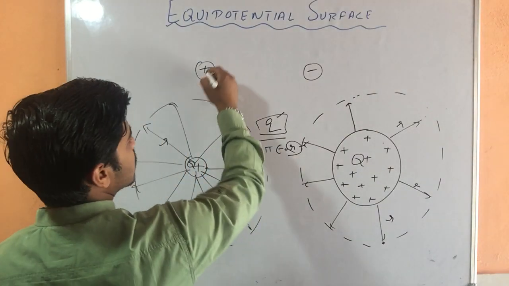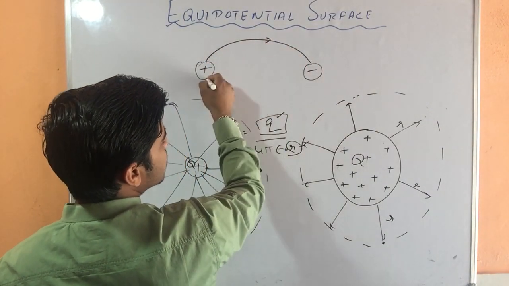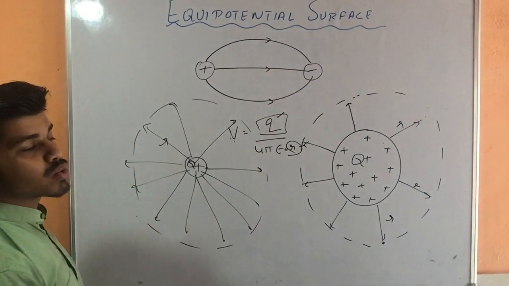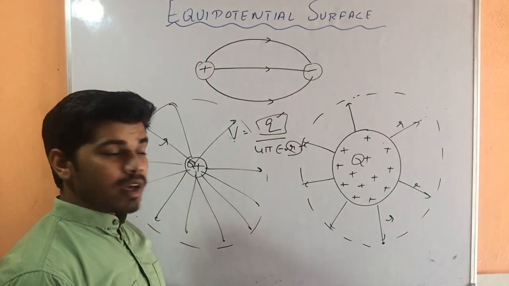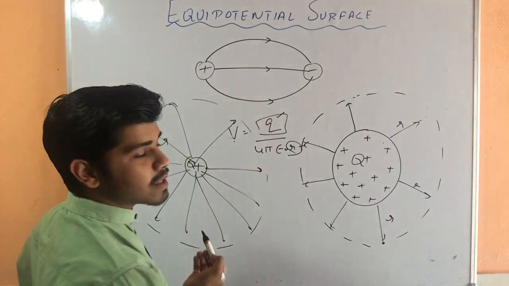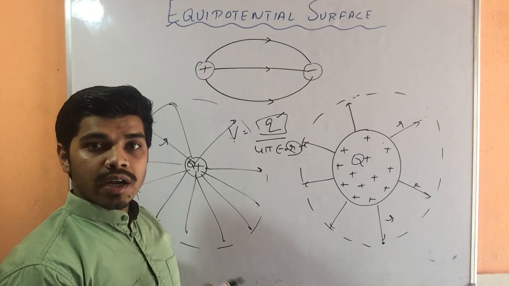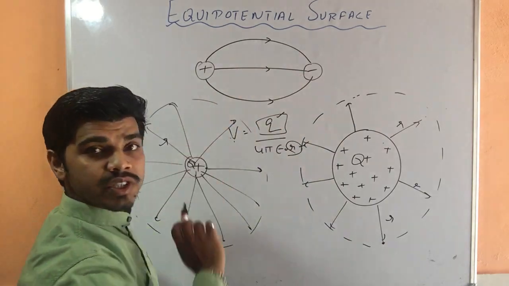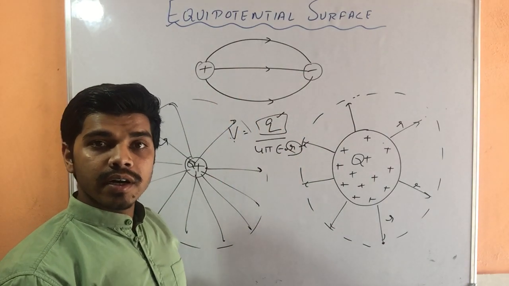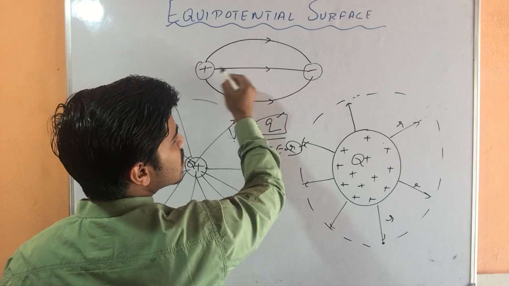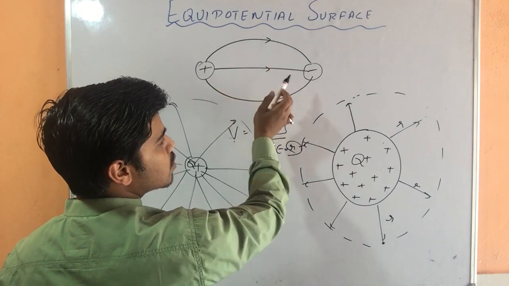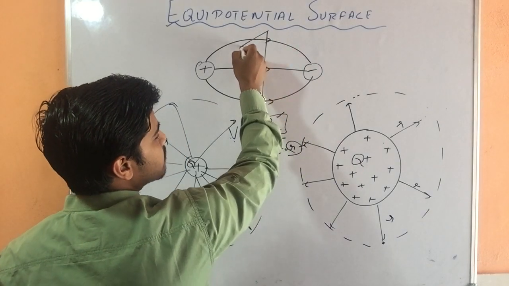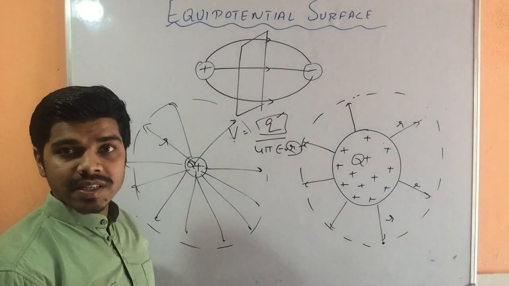And in case of a dipole, the electric field emerges from the positive and submerges into the negative. Hence, if we consider points which are equidistant from both of the charges and experience the same influence of both charges, they will make a Gaussian surface like this.